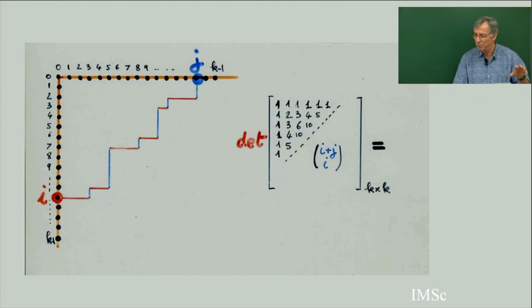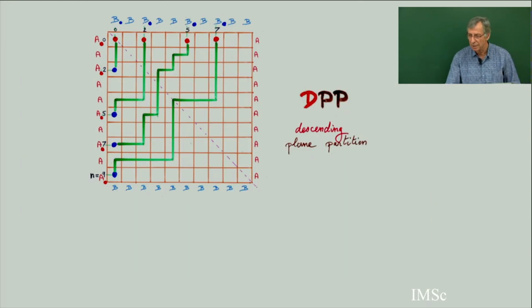Descending plane partitions are in bijection with configurations of non-crossing paths, and the paths are exactly the paths we have shown before. And here is the coding of the descending plane partition with a configuration of paths on an n by n square.